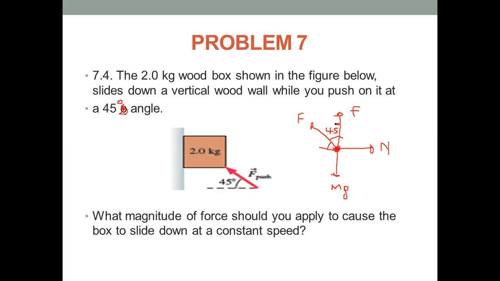Okay. So now let's work it out. The question is, what magnitude of force should you apply to cause the box to slide down at a constant speed? With this applied force here, frictional force, this is 45.